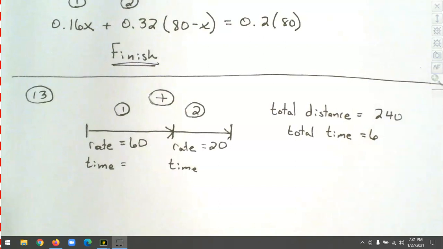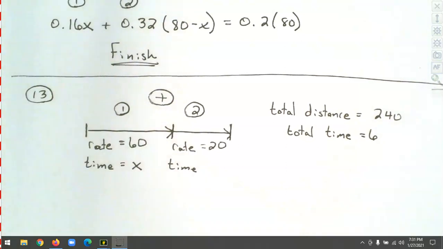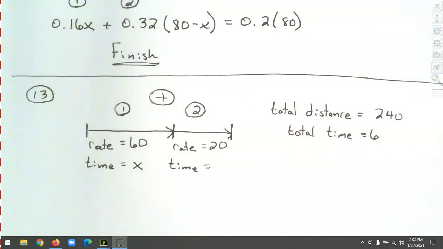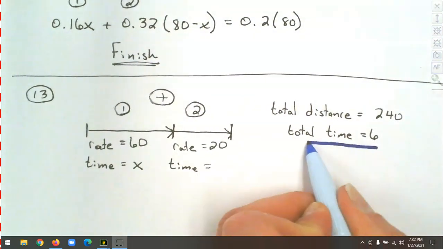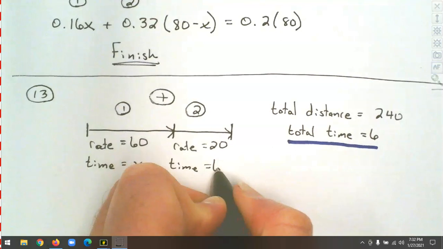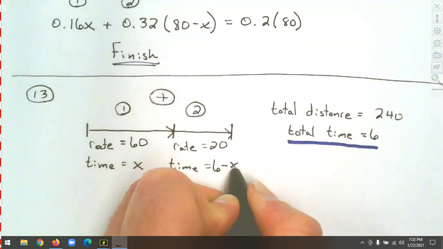So do we know how long we travel at 60 miles an hour? Does it tell us? No. Okay, now, do we know how long we travel at 20 miles an hour? No. But we do know something else. What do we know here? We know our total time is 6. So that means that your second one is going to be 6 minus what?